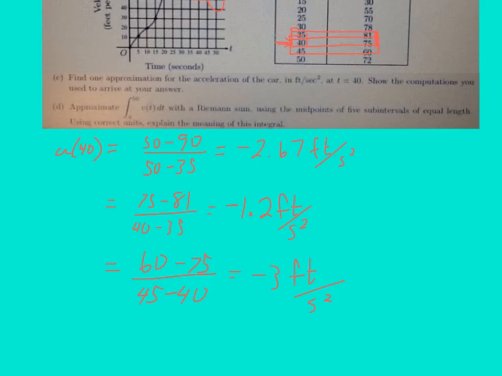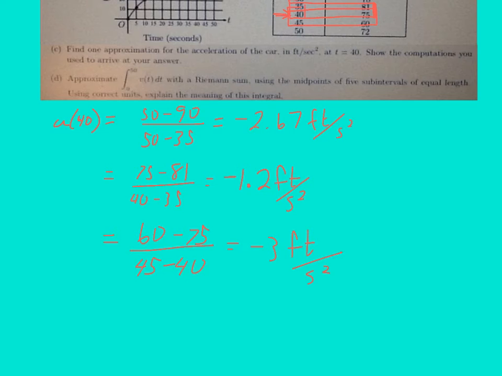Another way, and probably the one that I go to most, if I want 40, I'm going to let 40 be the midpoint of my interval, and I'm going to go from 35 to 45. So one final way we could have done this is 35 to 45.